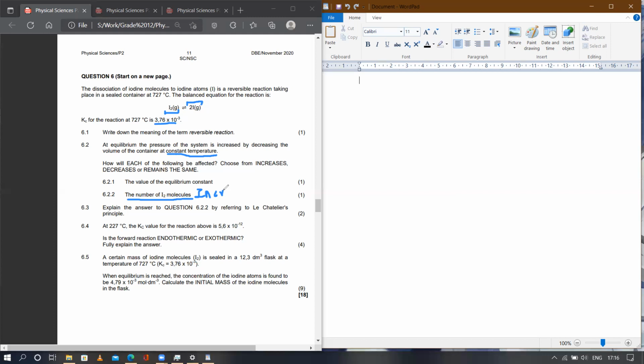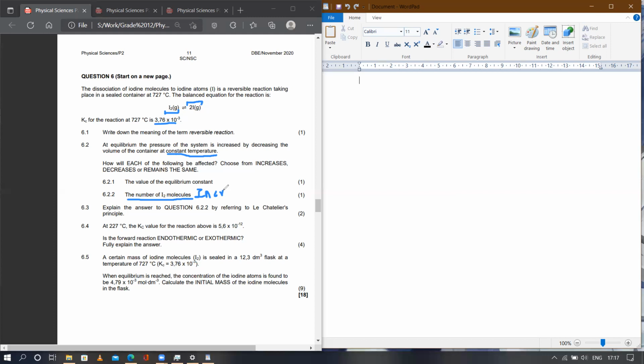So basically what happens is that you're gonna say that when the pressure is increased, right? Firstly, you have to state what happens, and you have to state where the equilibrium is gonna shift. Then you state which side that shift is to.